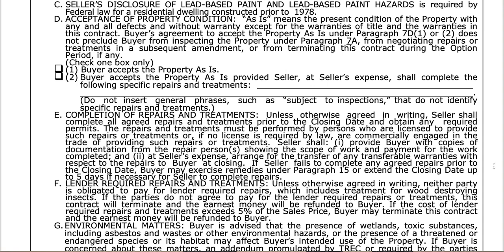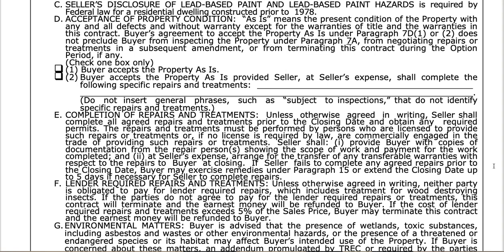Unless otherwise agreed in writing, seller shall complete all agreed repairs and treatments prior to the closing date and obtain any required permits. The repairs and treatments must be performed by persons who are licensed to provide such repairs or treatments, or, if no license is required by law, are commercially engaged in the trade of providing such repairs or treatments. This was new a few years ago.